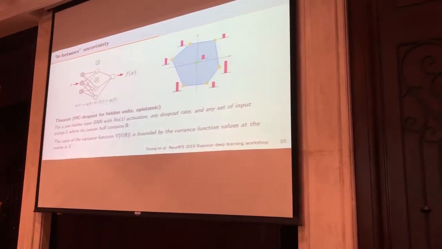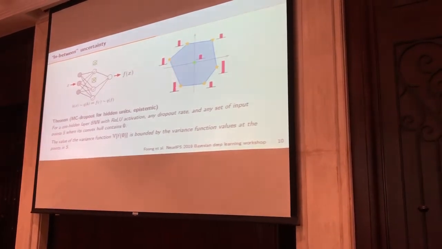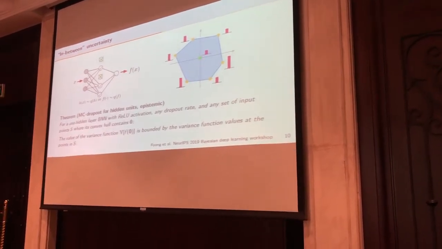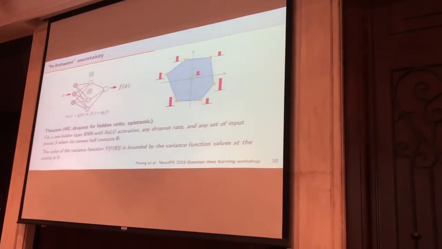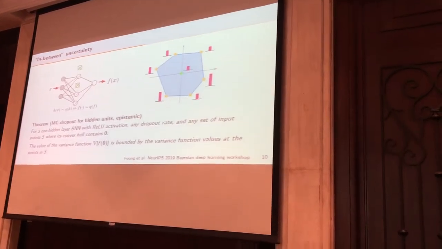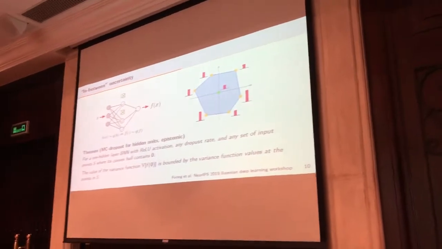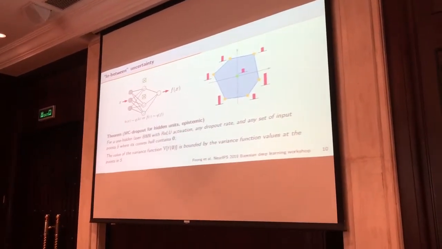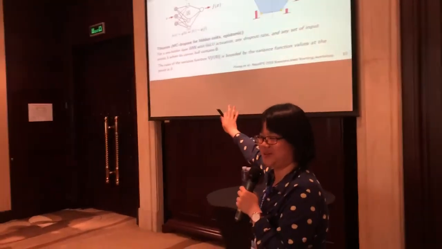Now, if you have a set of points whose convex hull contains this point 0, then the value of the variance function at 0 is again bounded by the variance function at this point. So again, this tells you that if you pick Monte Carlo dropout, you cannot represent arbitrary, say, high variance function you want. Instead, there are some limitations that you need to be aware of. Okay, so this is the theoretical result.